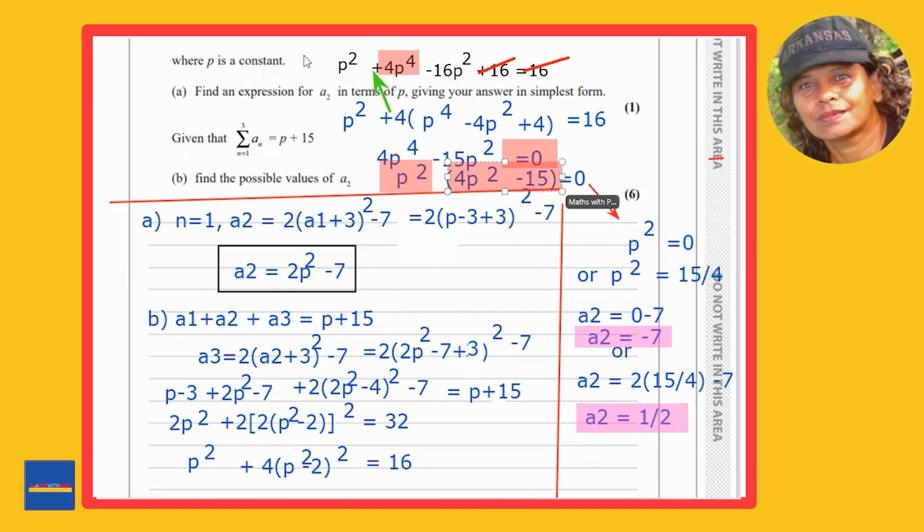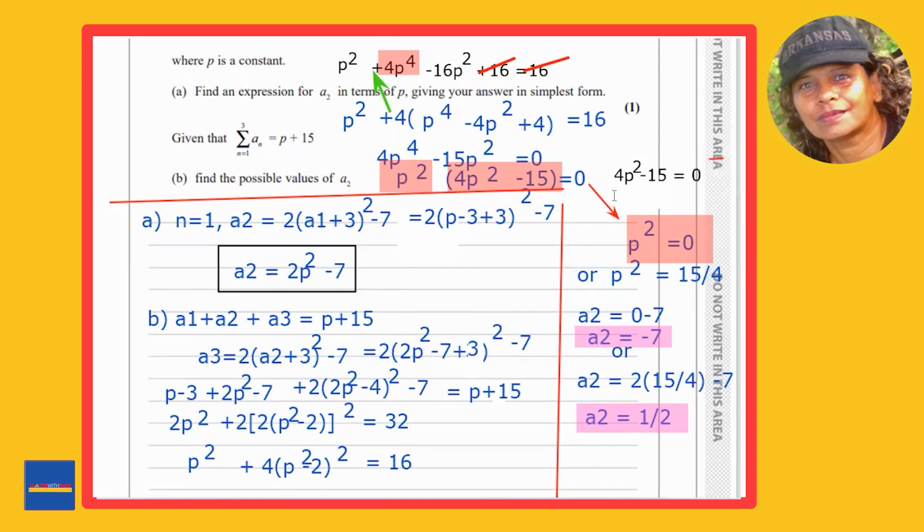So we know that when we have a quadratic equation, we simply equate each factor to 0. So our next step would be, we can say that P squared is equal to 0. We also have that 4P squared minus 15 equals 0.